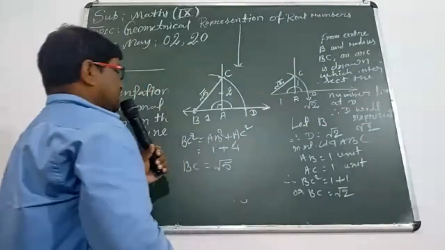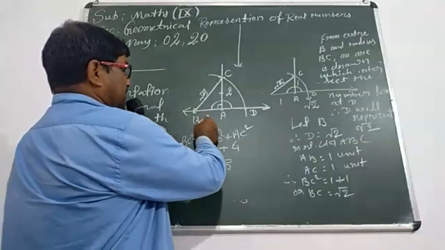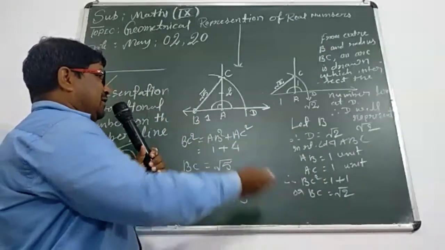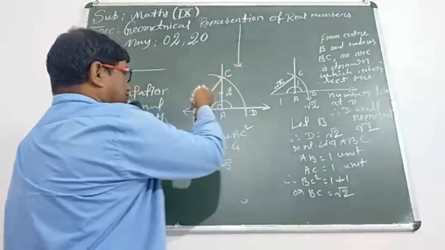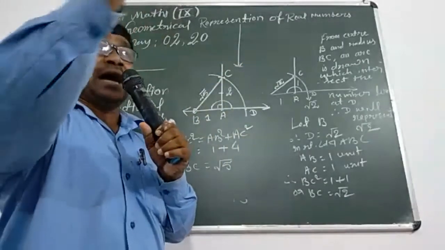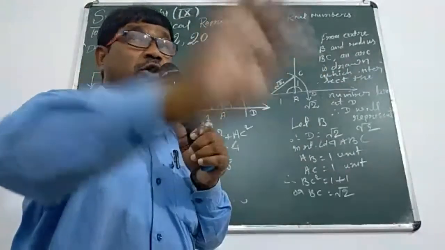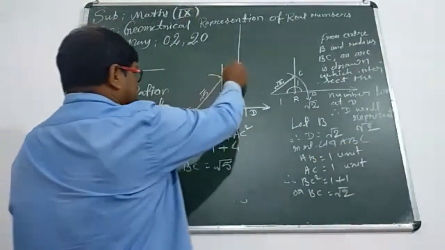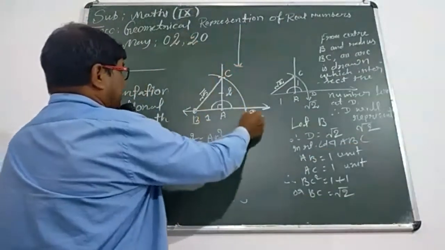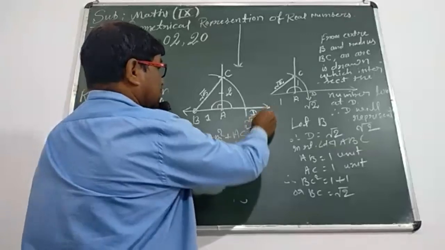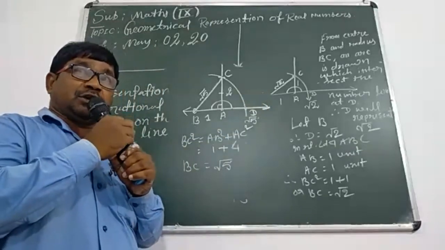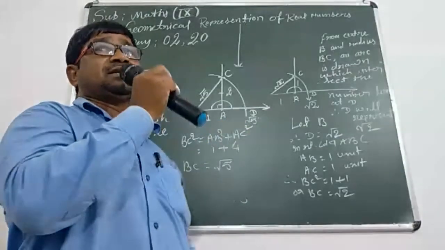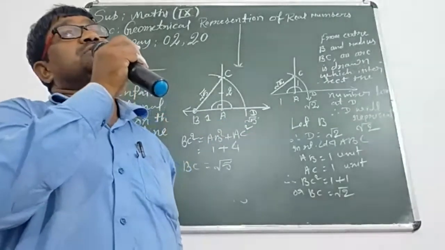Now student, mind the distance of BD. Geometrically, since BC is under root 5 given by Pythagoras formula, no doubt in it. If BC is under root 5, then BD is also under root 5. So the point D on the number line will represent the irrational number under root 5.